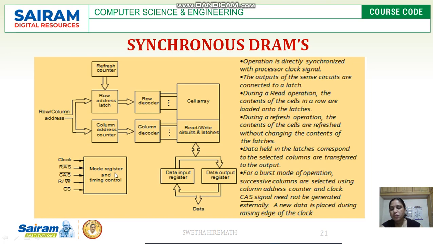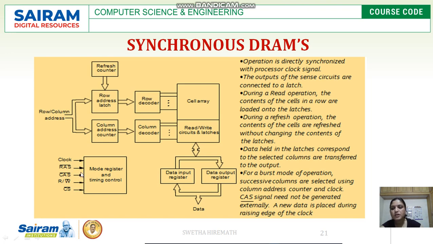Here we also have the mode register and timing control, and you can see there are different signals. Clock, that is for synchronous DRAMs, there is a common clock signal which has to be maintained between the master and the slave. There are also two strobes, the row address strobe and the column address strobe.